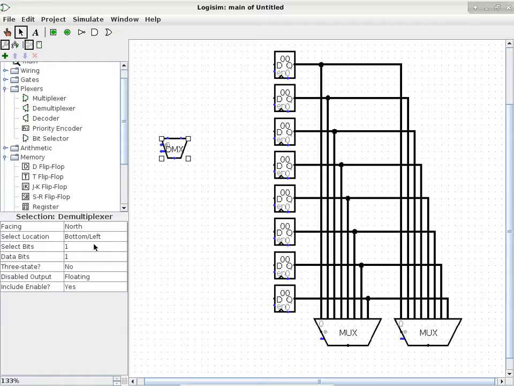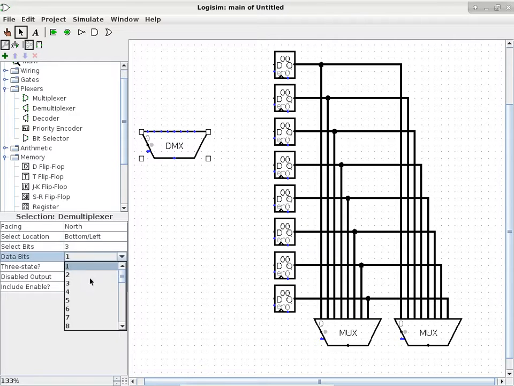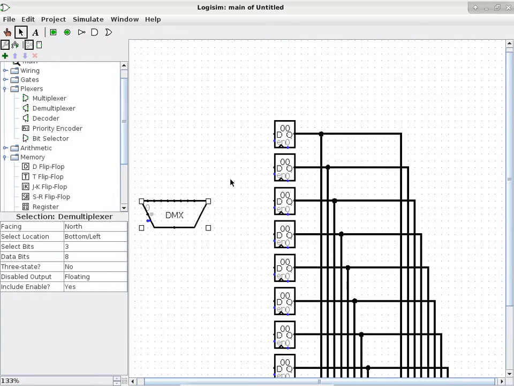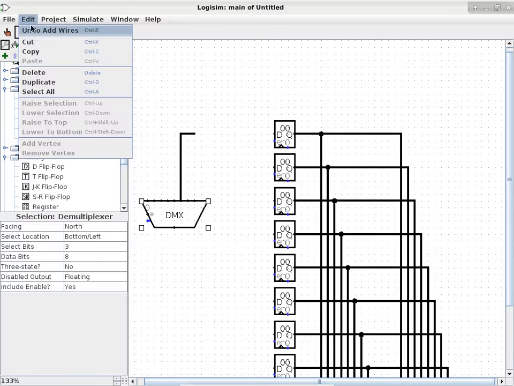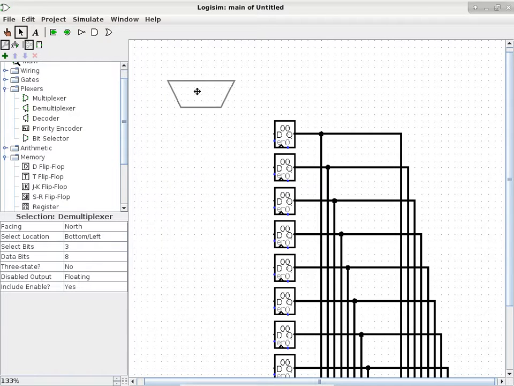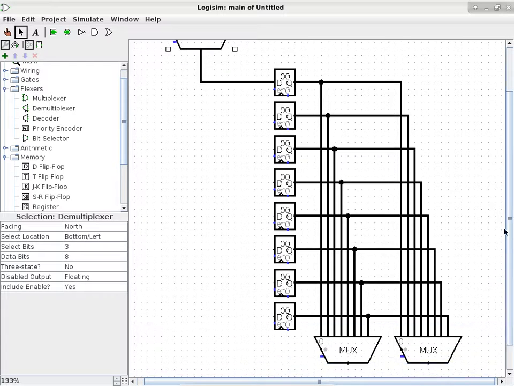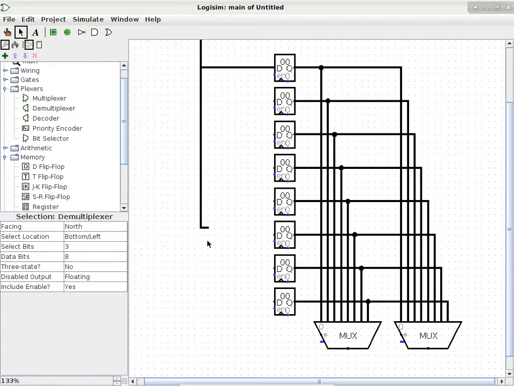Change the number of select bits to 3 again, data bits to 8, so now it matches the width of all the registers. I'm going to move the design all the way up here. So basically, I'm specifying the input of this demultiplexer will go into every single register in the register bank.